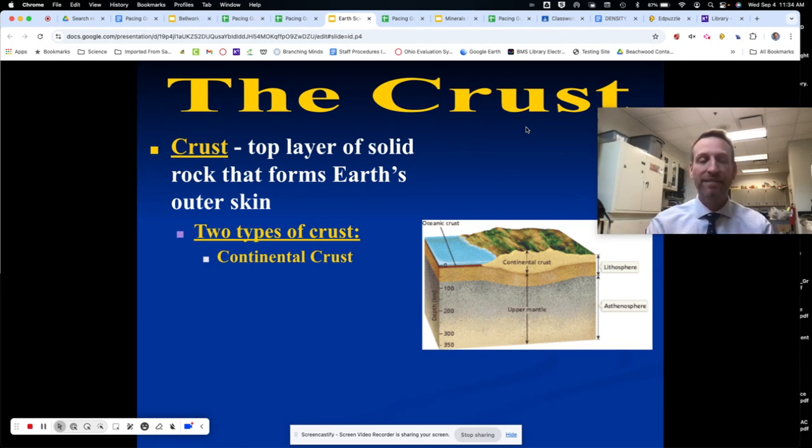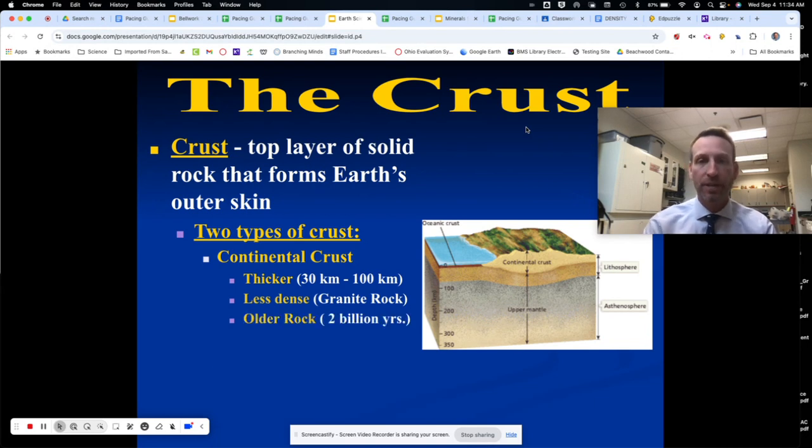It's below land. A couple things about the continental crust when we compare it to the other type of crust. It's thicker than the other type, but it's less dense than the other type because it's made out of a different type of rock. And it's older. So thicker, less dense, and older. Continental crust, one of the types, and that's the land crust, the rock that's beneath the land.